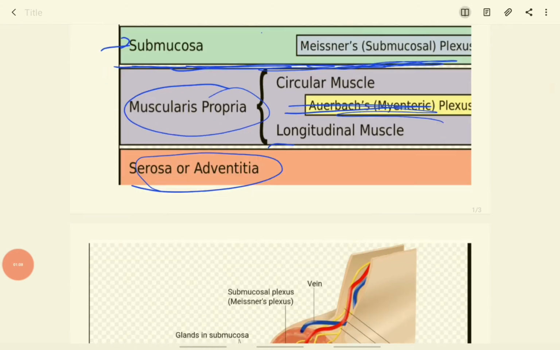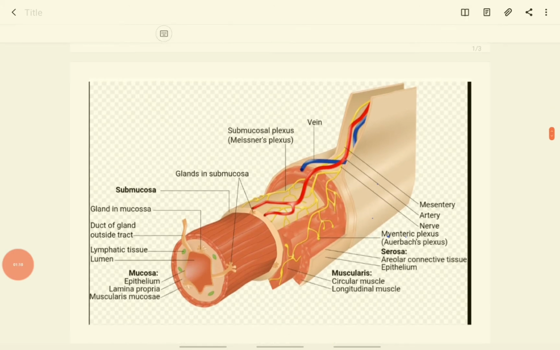And we also have one more image. In this image, we can see this is the mucosa layer, and this is the submucosal layer, and here we can see a submucosal plexus, and here we have two muscles, inner circular and outer longitudinal muscle.